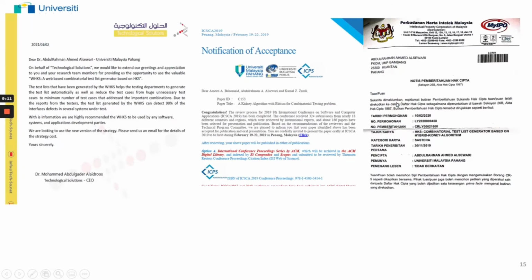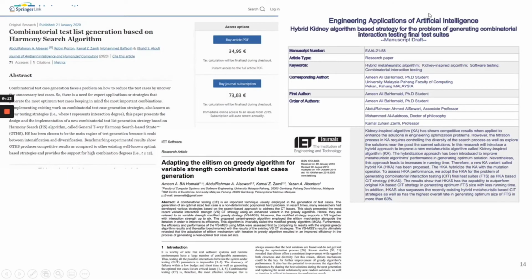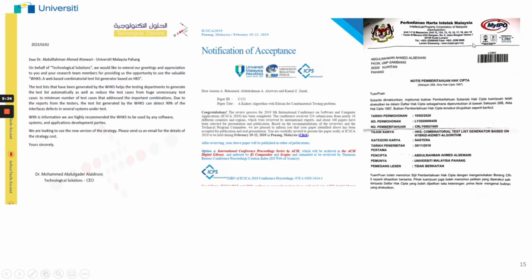We have also had our manuscript accepted in Engineering Applications of Artificial Intelligence, a Q1 journal. This one's title is hybrid kidney algorithm based test generation for combinatorial testing. And we have also published one conference paper, which was accepted and already published.